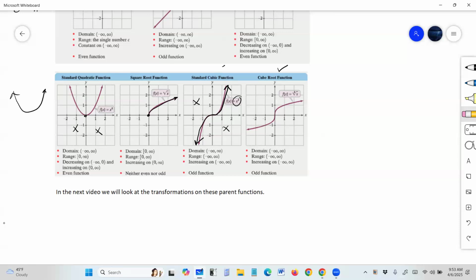And finally, we have the cubic root or cube root function. So this is f of x equals cubic root of x. This is exactly the same as the situation with the quadratic, where there's a rotation and we get this piece.